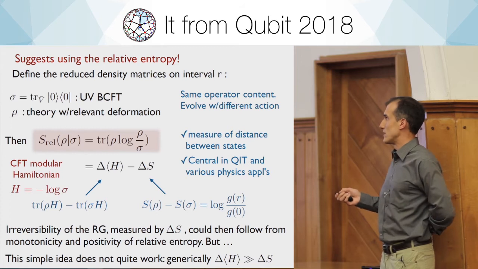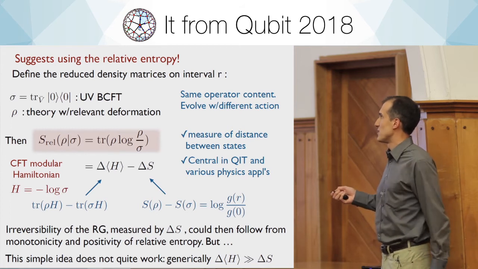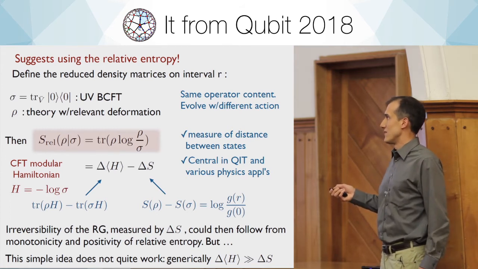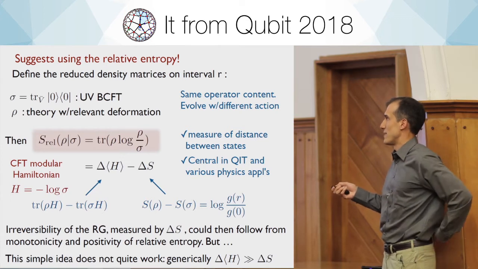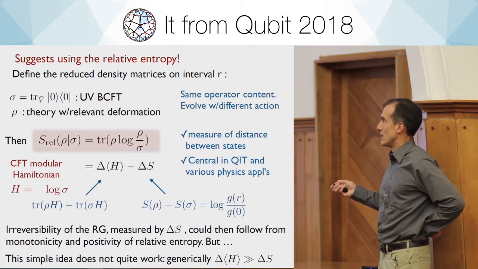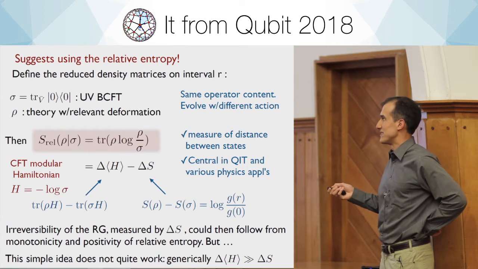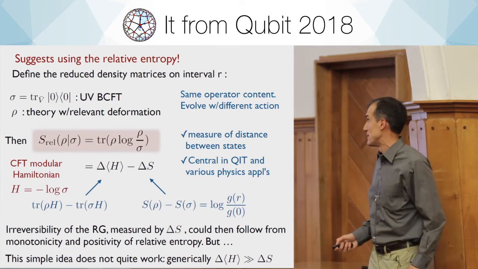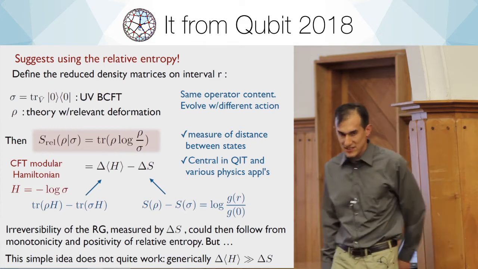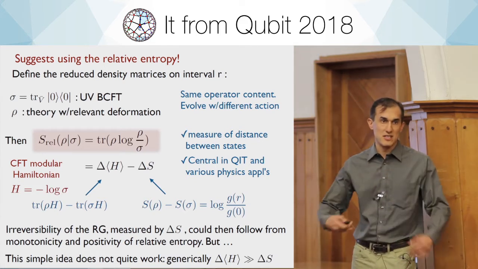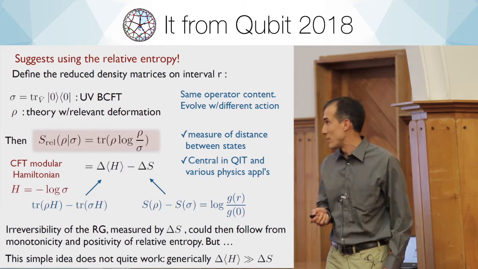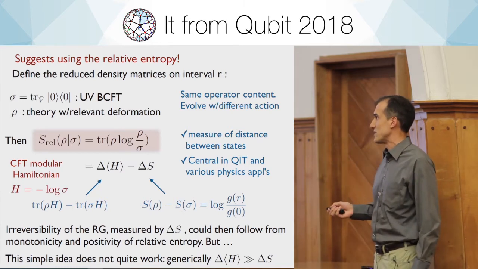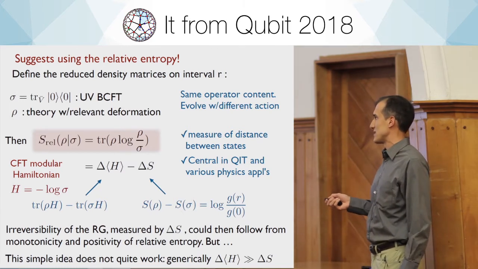So we'll be working, throughout the talk, with two density matrices. I call sigma the vacuum, so the density matrix for the vacuum of the UV conformal field theory, and rho will be the density matrix associated to this theory that has the relevant perturbation. Now, both theories have the same operator content, but they just evolve with different actions. So we can think about comparing them, and we compare them using the relative entropy, which has this definition.